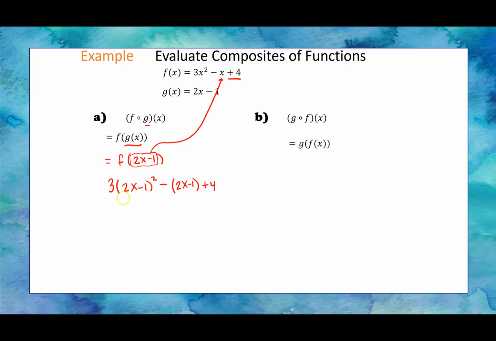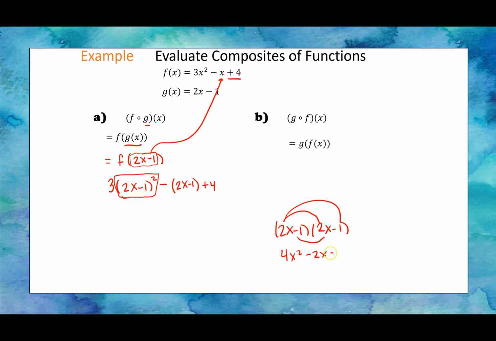All right, let's go ahead and evaluate what (2x minus 1) squared is. You could either do box method or FOIL. I'm going to do FOIL. (2x minus 1) squared looks like that. 2x times 2x is 4x squared. 2x times minus 1 is a negative 2x.